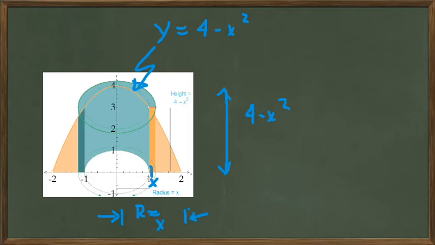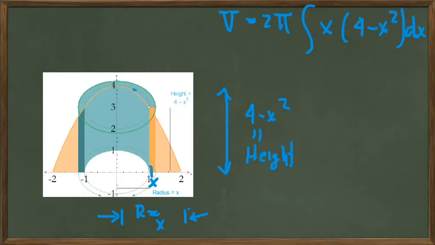The formula says the volume is 2 pi x f of x dx, where x is the radius of this representative cylindrical shell and 4 minus x squared is its height.